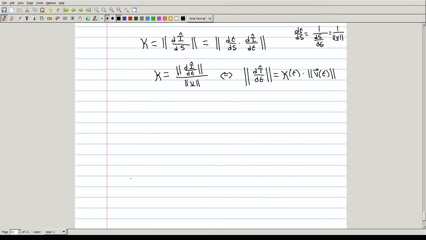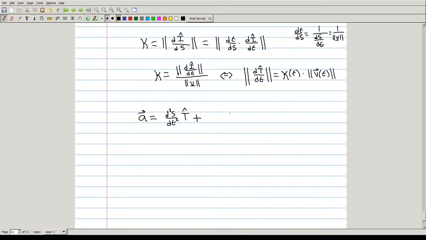And remember how we decompose the acceleration vector. The acceleration vector was equal to the second derivative of arc length, d squared s/dt squared, times t hat.